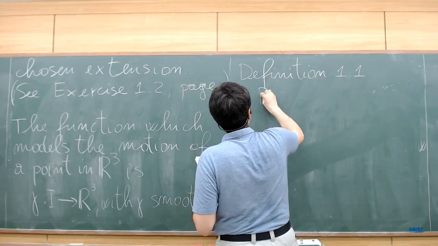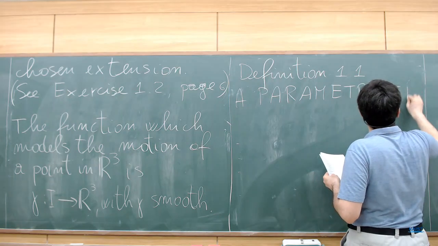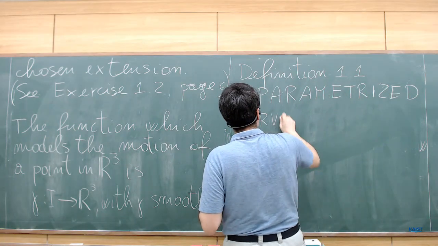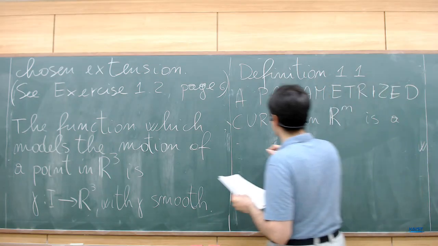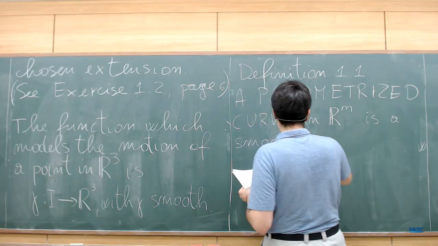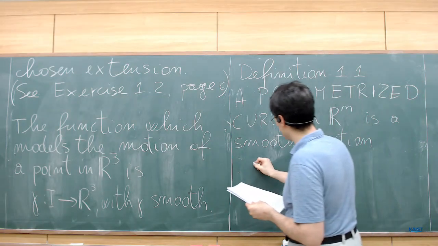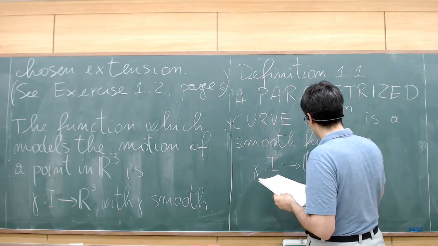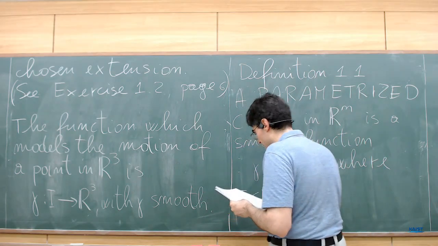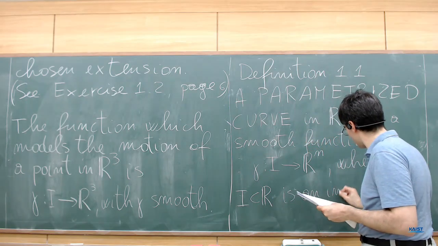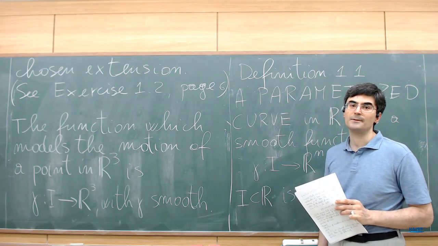A parametrized curve in Rn is a smooth function gamma defined on I with values in Rn, where I contained in R is an interval. Let's see a few examples of parametrized curves.